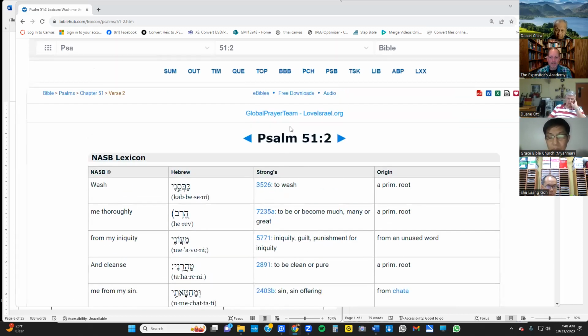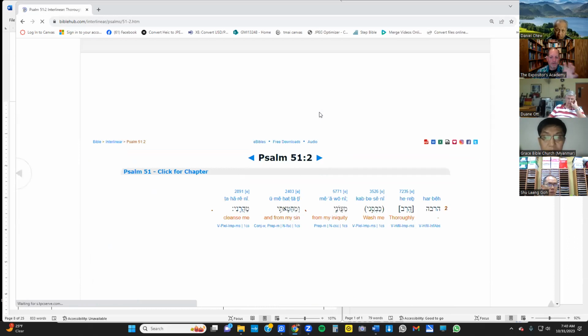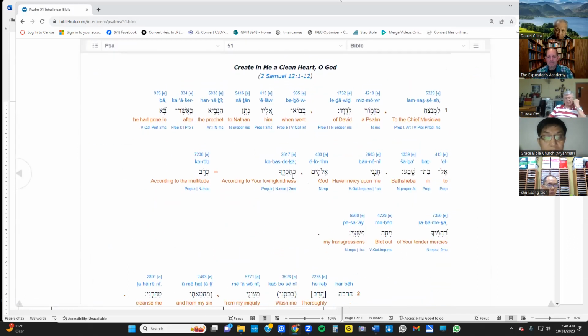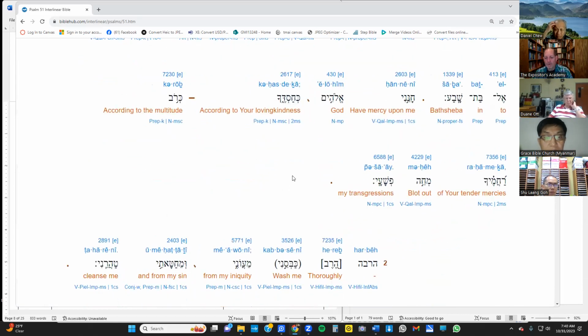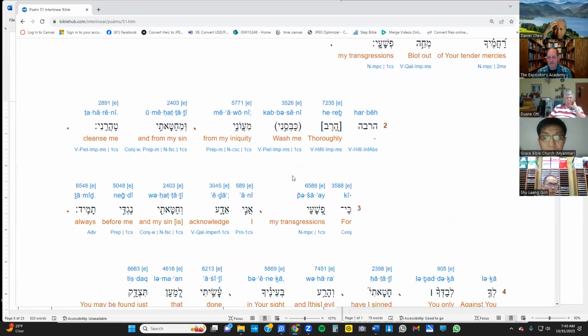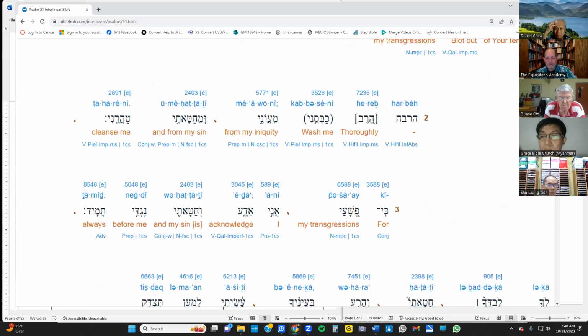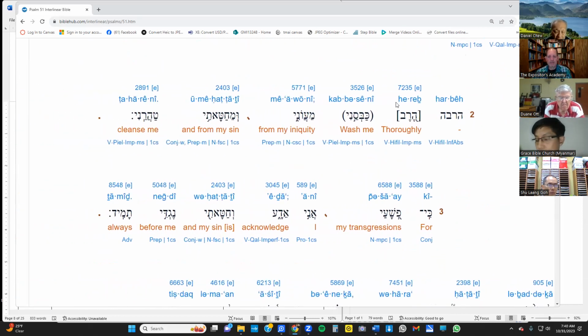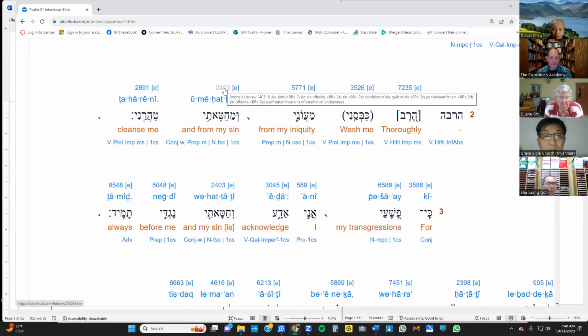I like going directly to the interlinear because it's all there as well, and we get the word ordering from the original Hebrew, and we get the Strong's number that we can refer to.